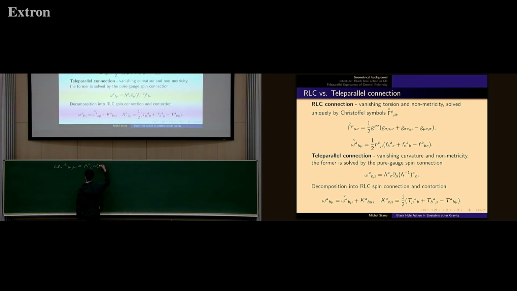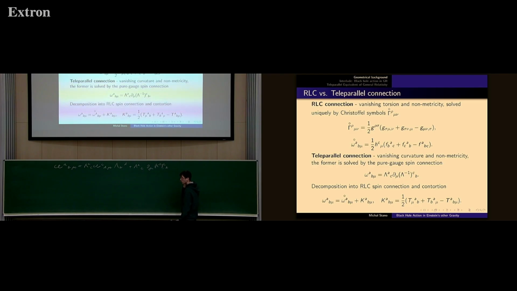Therefore, this homogeneous piece will turn out to be lambda A C, lambda B D, and then there will pop up this inhomogeneous term, which is proportional to lambda d lambda, basically.